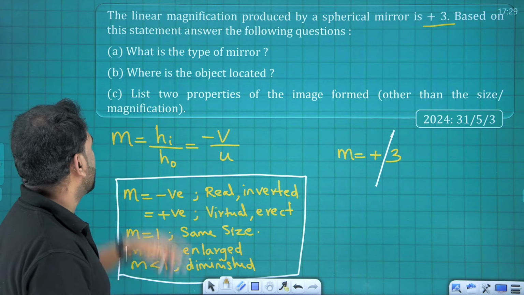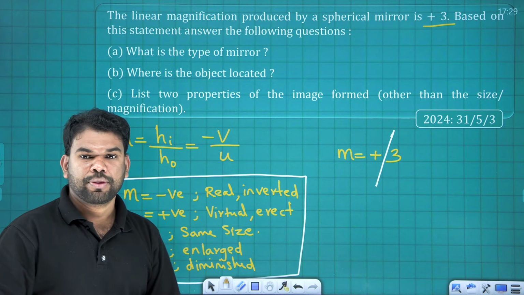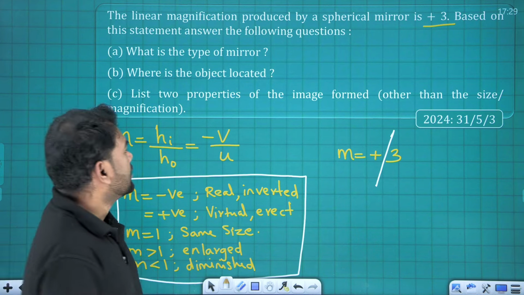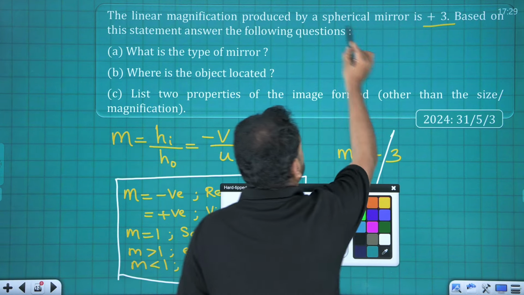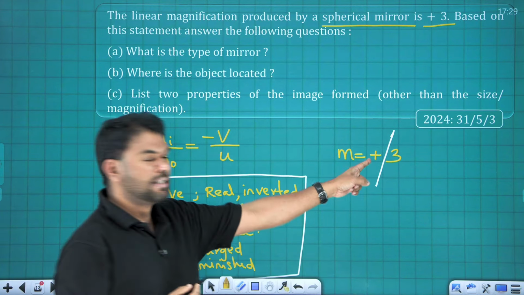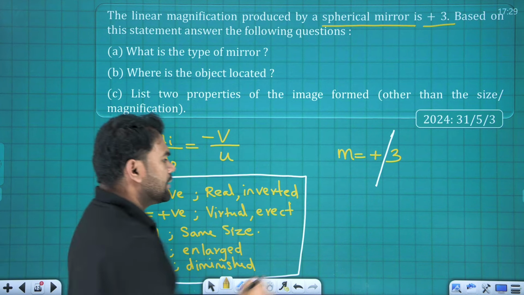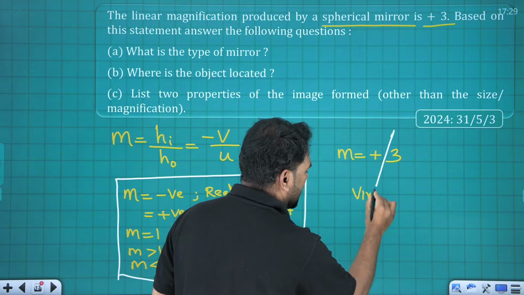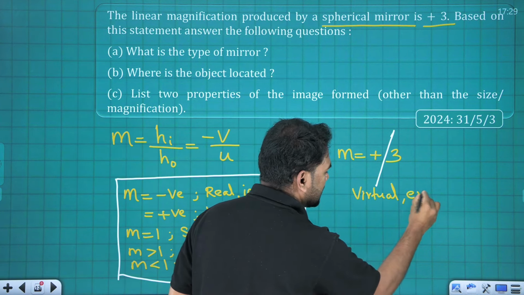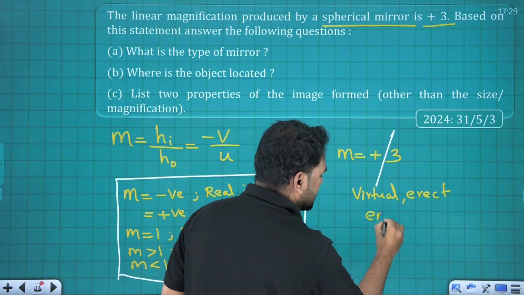Now we can go to the question. Your first question is: what is the type of mirror? The question is based on a spherical mirror and the magnification is plus 3. So you know that the obtained image will be a virtual, erect and enlarged image.